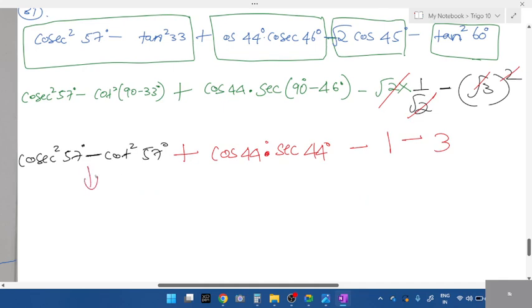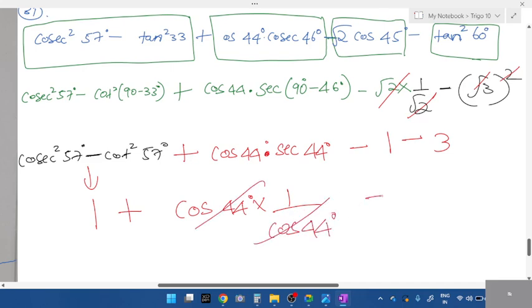Okay. What's the value for this? Cosec square theta minus cot square theta is 1. Plus. How do you convert this, students? Cos 44. We don't need 44. I mean, I need to somehow cancel them. Can we use reciprocal? Cos 44 degree into. What is the reciprocal for sec? Yes. Cos 44 degrees into 1 by cos 44. Can we cancel both? It becomes 1.